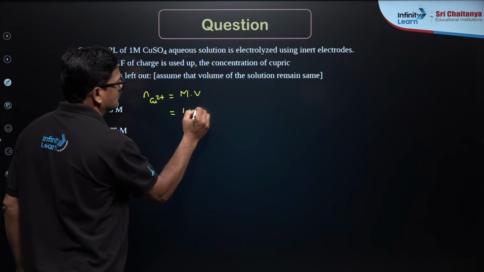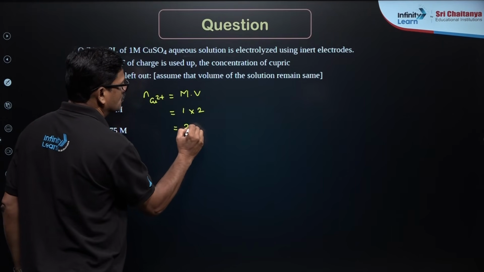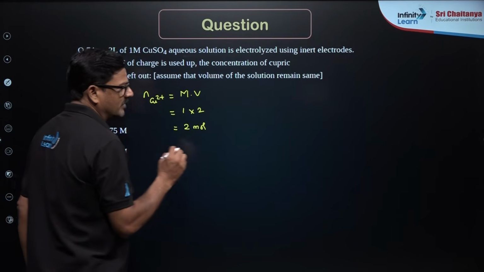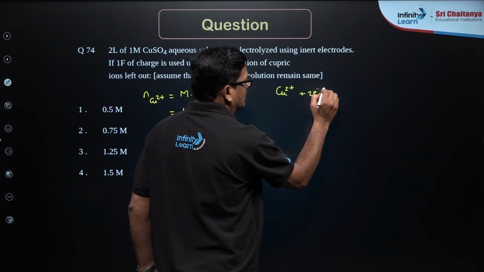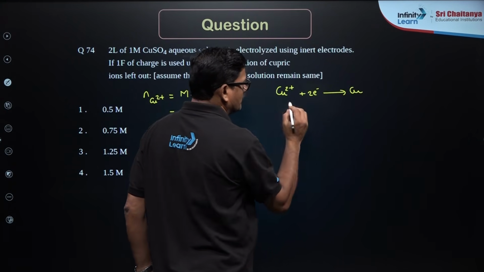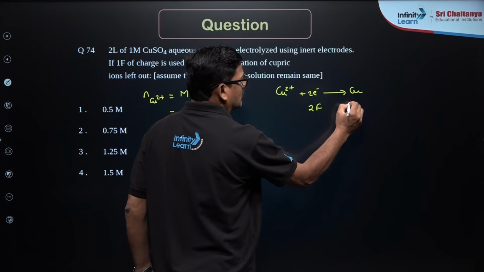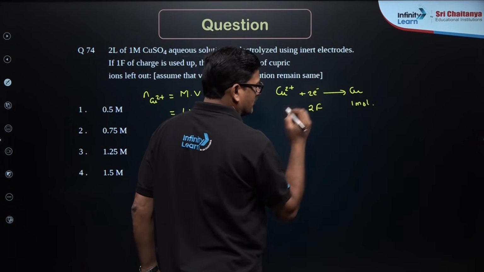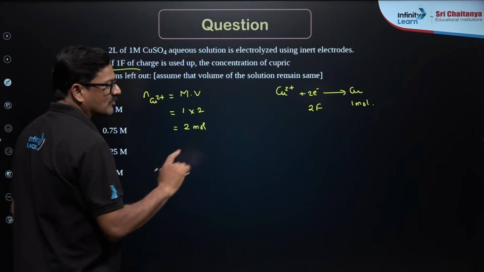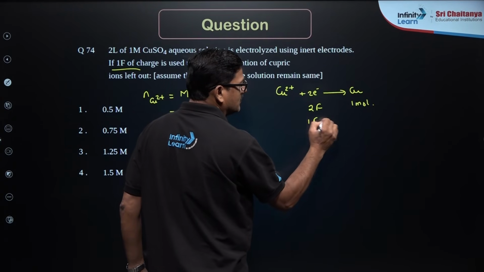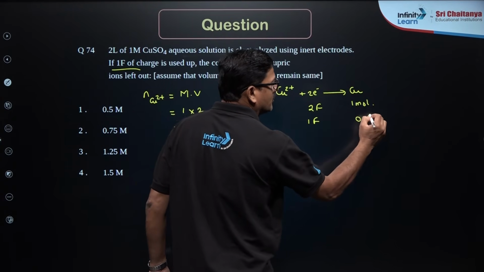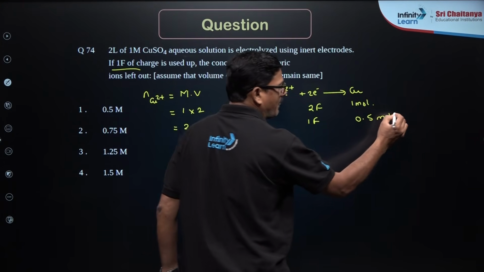Molarity is 1, volume is 2, so it is going to be 2 moles. When copper 2 plus takes 2 electrons, it gives rise to copper. So 2 Faraday of charge can give 1 mole of copper, but here only 1 Faraday is used, so 0.5 mole copper is deposited.